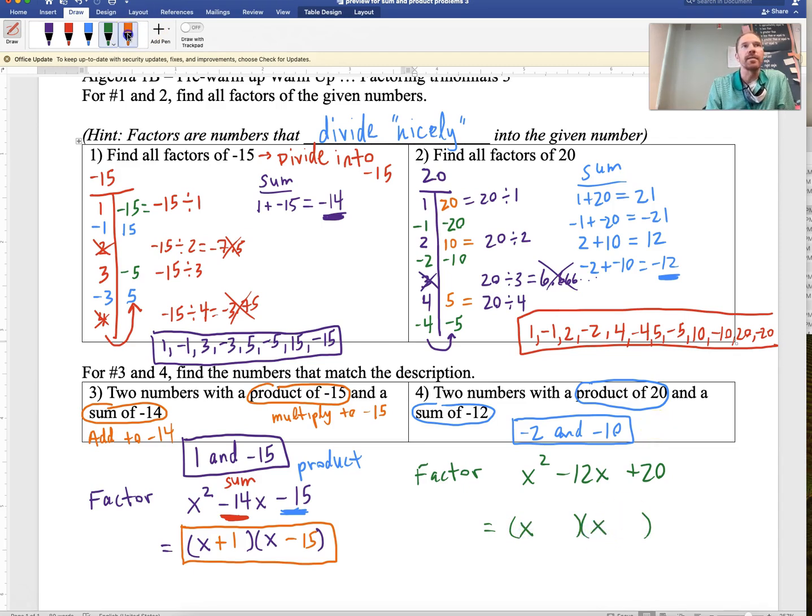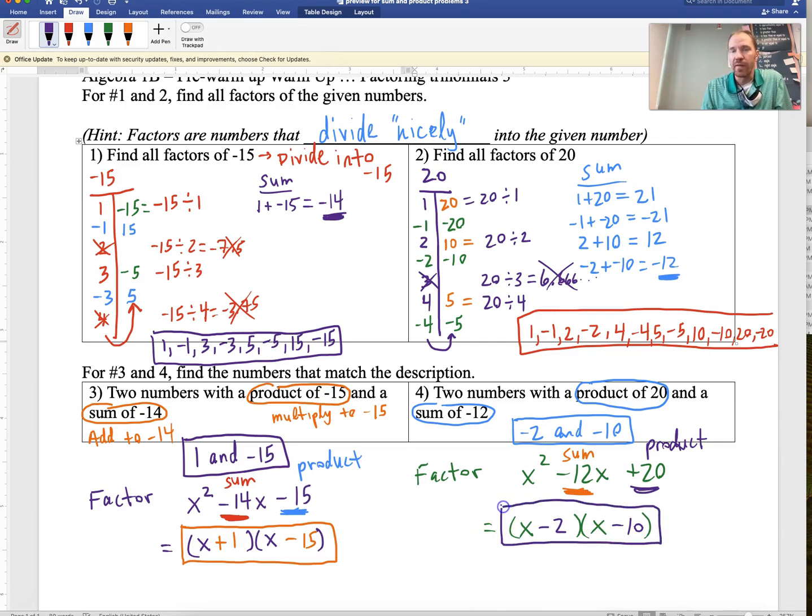But looking at this trinomial, we say, hey, we want a sum of negative 12. The 2 numbers that are going to go in my parentheses need a sum of negative 12, and the same 2 numbers need a product of 20. So what are those numbers? Well, we've already found them. It's negative 2 and negative 10. So that's all you have to do, we just put in negative 2 and negative 10. And we have factored.